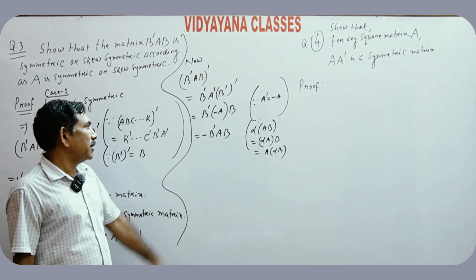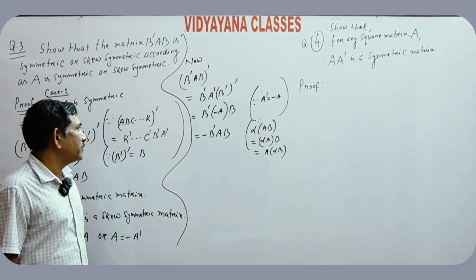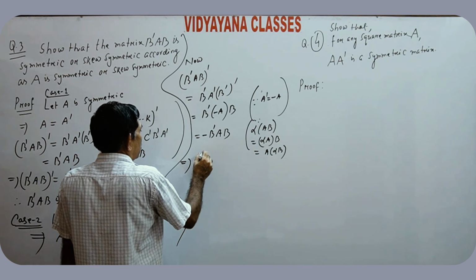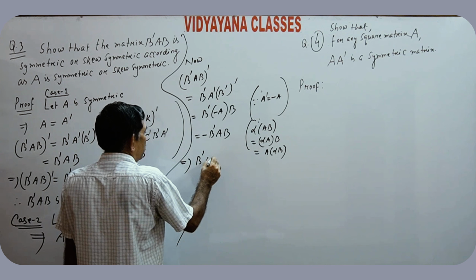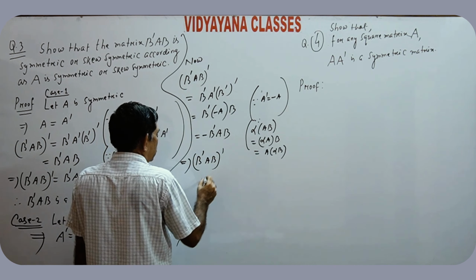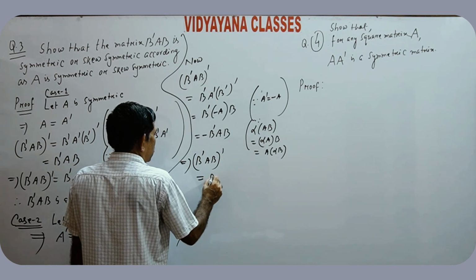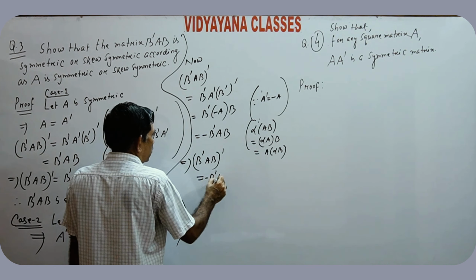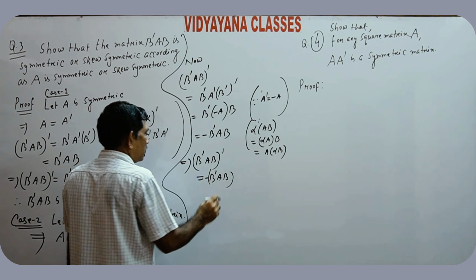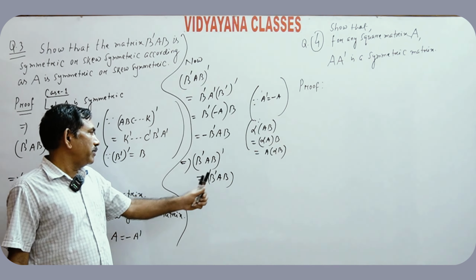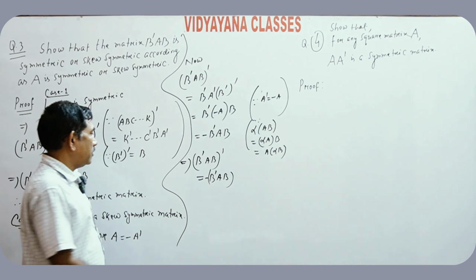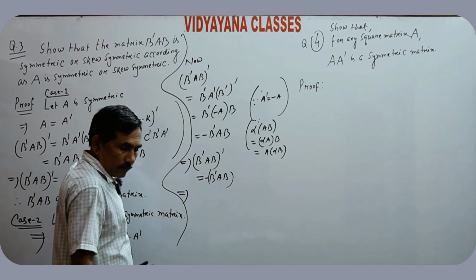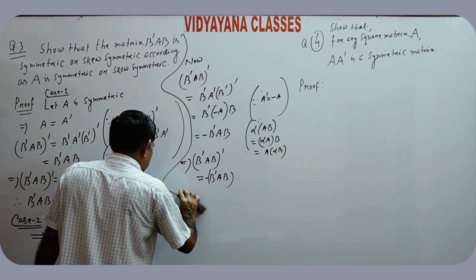Here minus 1 is the scalar, which is taken outside, which implies B dash A B whole dash is equal to minus B dash A B. It satisfies the definition of skew symmetric.